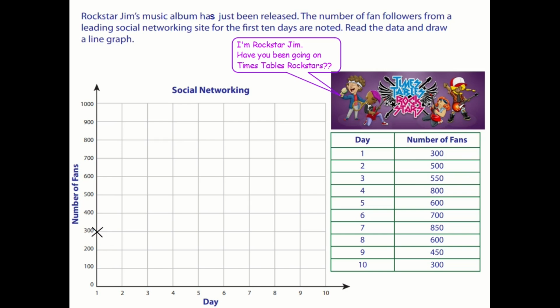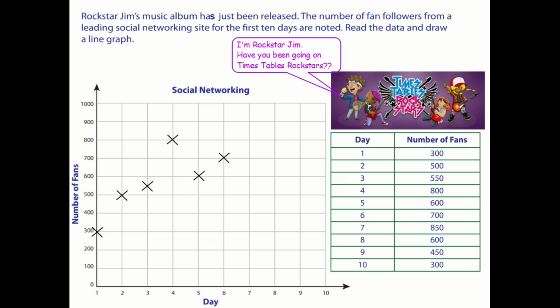Day two, 500. Day three, 550. That's going to be halfway between 500 and 600. Day four, 800. Day 5, 600. Day 6, 700.